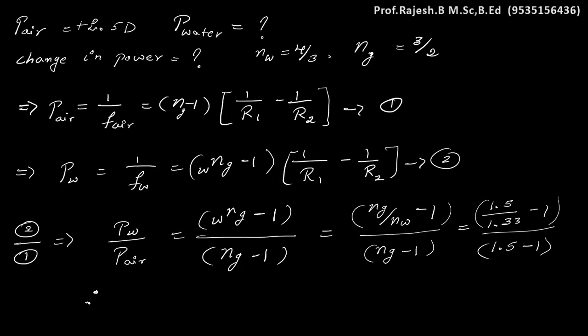Therefore, P_w divided by P_a: 1.5 by 1.33 is 1.127, minus 1. 1.5 minus 1 is 0.5. So you can get the answer here, 0.254. That is P_w divided by P_a.